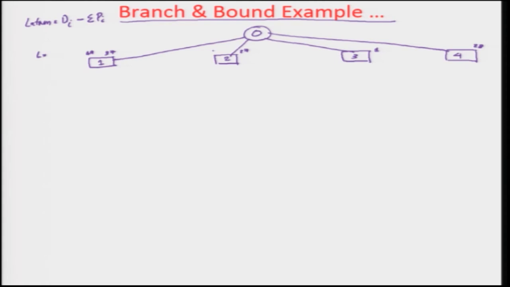This is 36, then this is 1 and 37. So, in this case the lateness is 0, in this case also the lateness is 0. I am just putting L equal to 0 here. This is also lateness equal to 0. Fine.